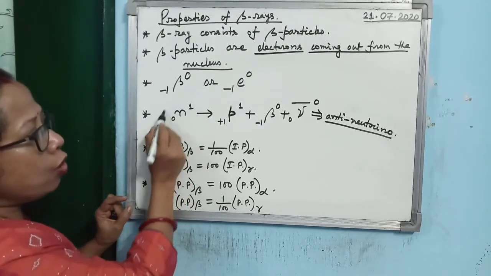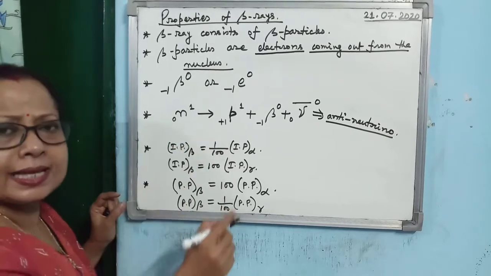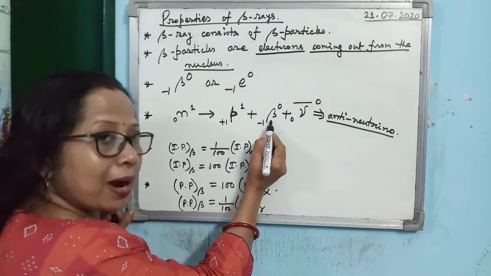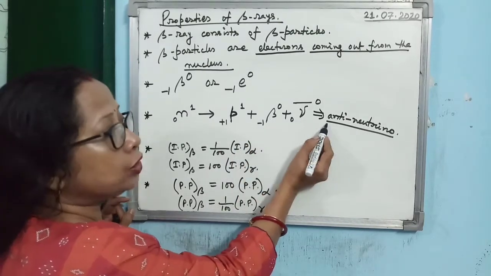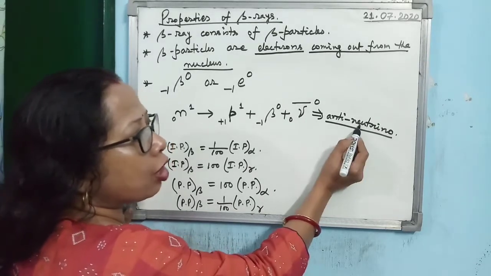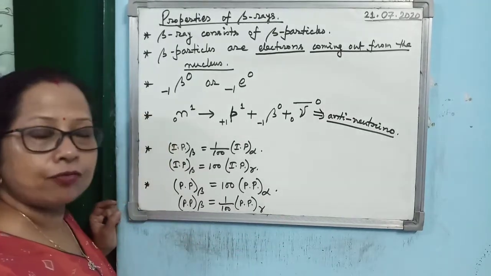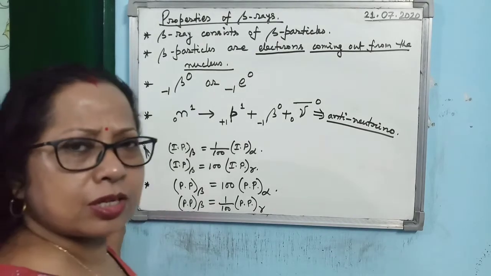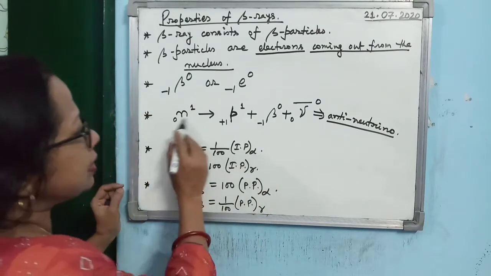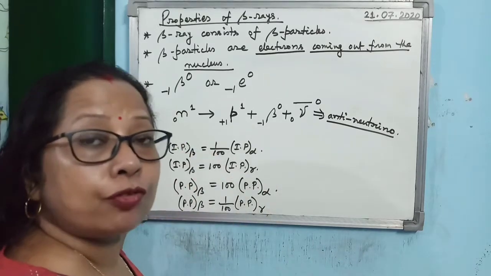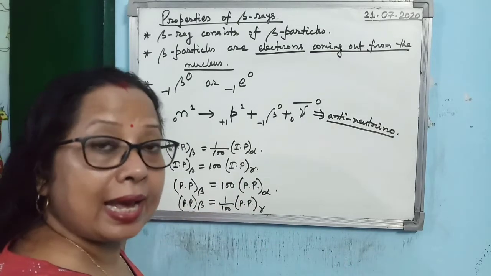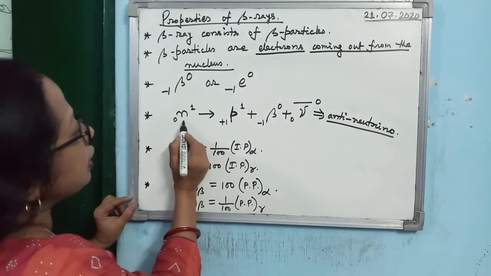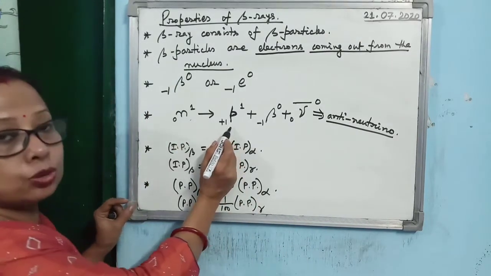One neutron is converted into 1 proton, 1 beta particle and 1 anti-neutrino. This is the anti-particle of the neutrino, another kind of fundamental particle. Particle physics is the most interesting branch of physics. So before the emission of a beta ray from the nucleus, within the nucleus 1 neutron is converted into 1 proton.